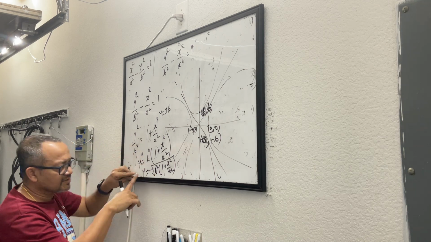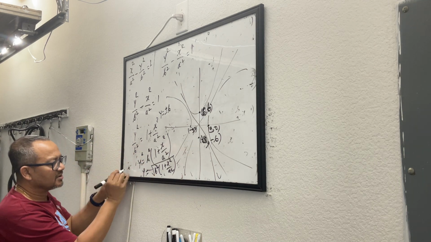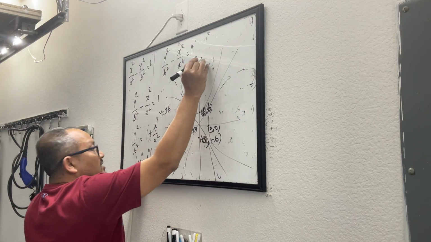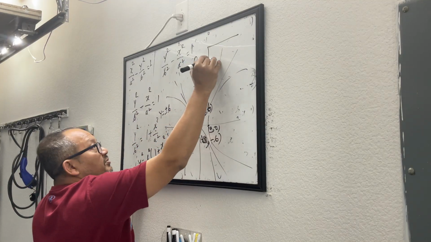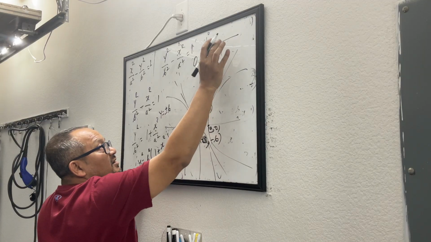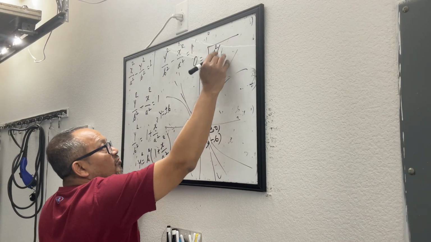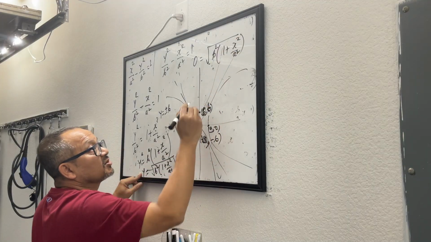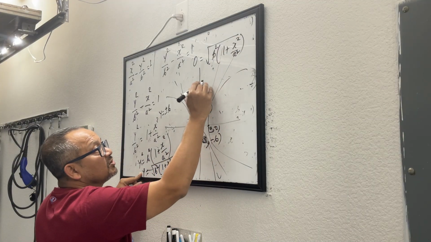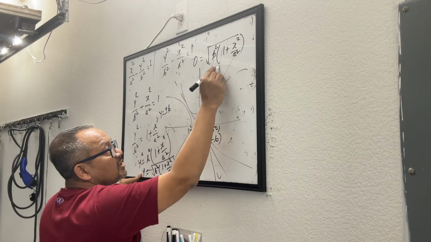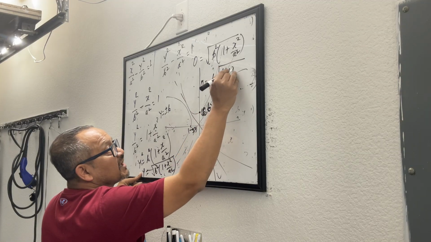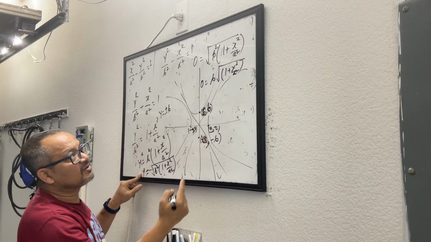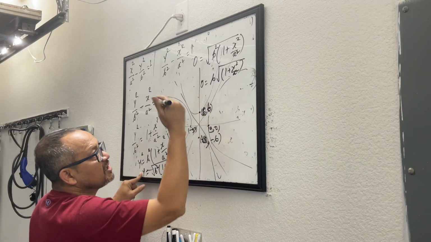How about when y is 0? When y is 0, what will happen? Look at this one. 0 equals b square times 1 plus x square by a square. From that, this b you can take out.